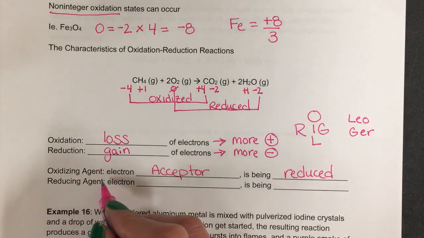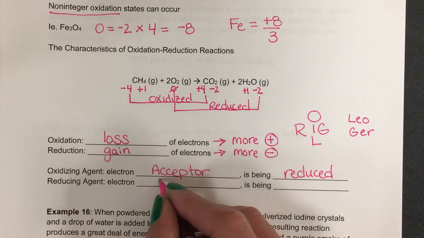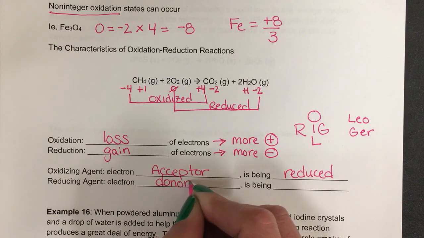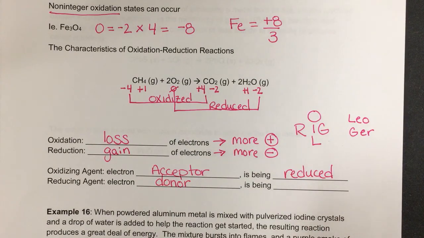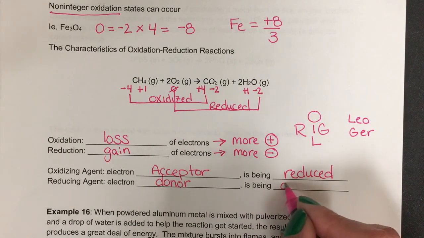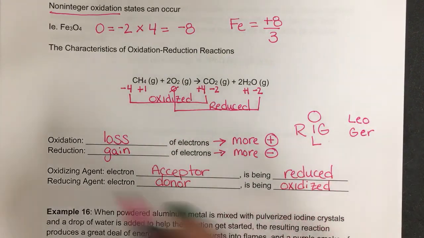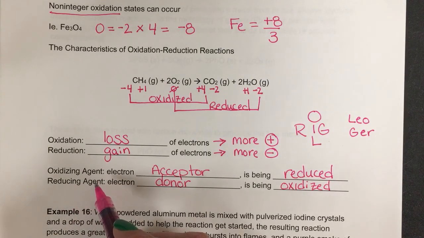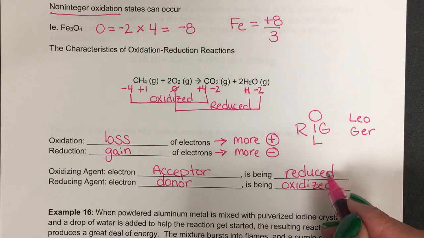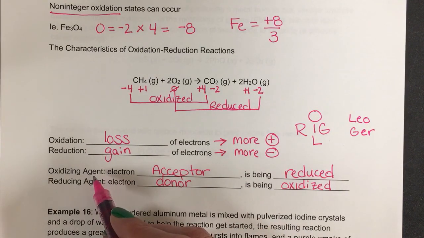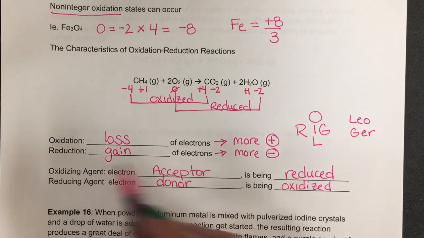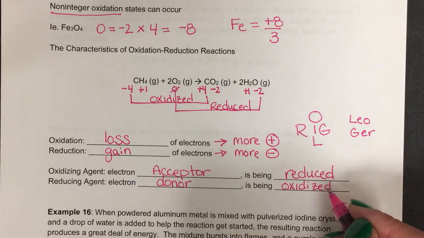The reducing agent is an electron donor, which means it's the thing that is being oxidized. Okay? So my reducing agent is causing somebody else to be reduced. My oxidizing agent is causing somebody else to be oxidized.